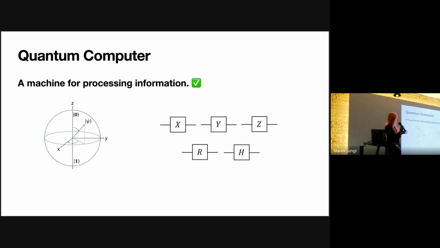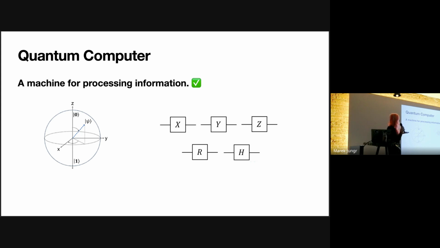When you put many qubits together, they form a system, and the system is, in this case, a quantum computer. When you have certain values for these qubits, they form some state, and in quantum computing, we call it a quantum state. The same way as you can apply logical gates in classical computers, you can do something similar in quantum computers. When you apply these quantum gates, again, everything here is quantum.